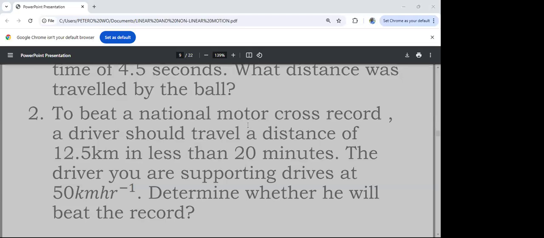Since they are talking about minutes, we have to change the hours to minutes, which will be 1 hour is equal to 60 minutes. Then what about 0.25 hours?